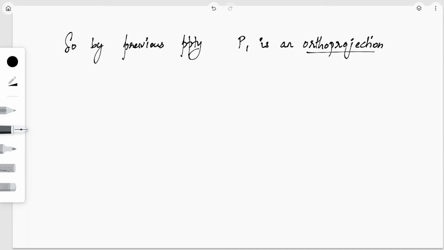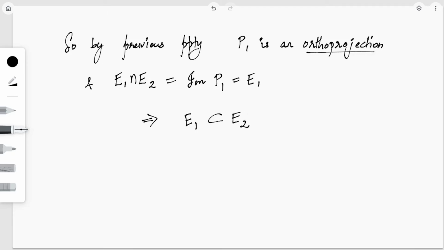So P1 is an orthoprojection, and also E1 intersection E2 is equal to the image of P by the property. So here it will be the image of P1, that is E1. So E1 intersection E2 is equal to E1. This implies E1 must be contained in E2.